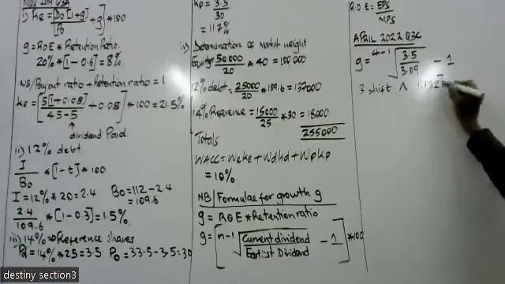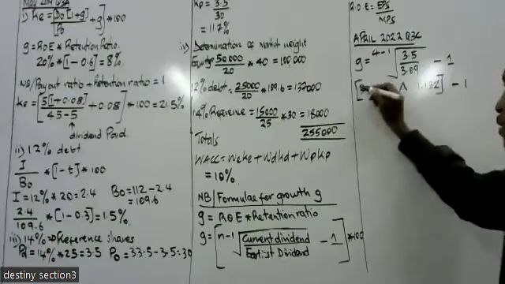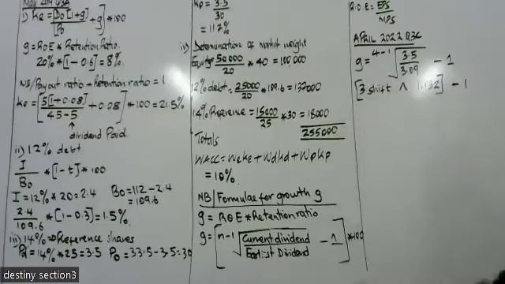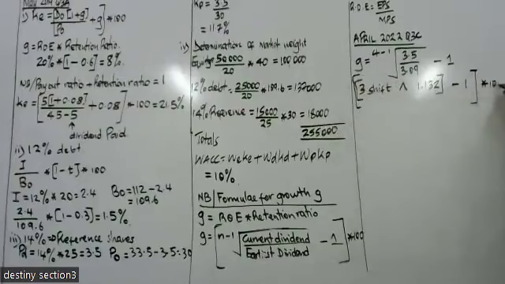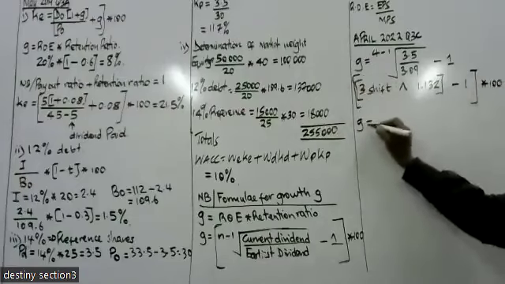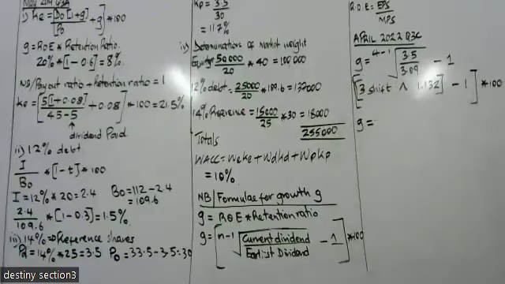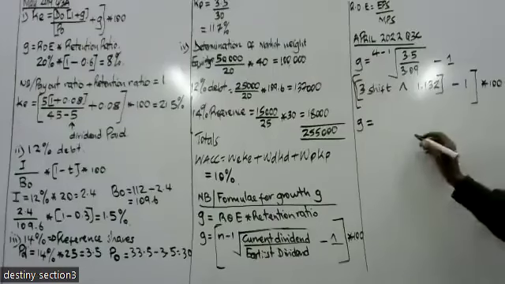Minus 1. Then all that you multiply by what? So how much is the growth rate? Okay, growth rate 4.2%, eh?